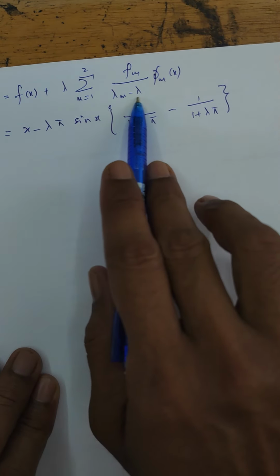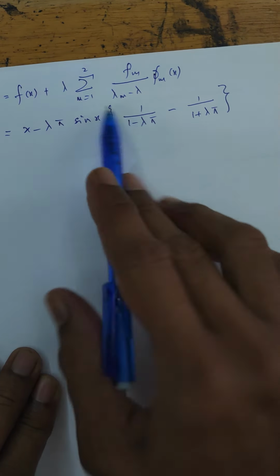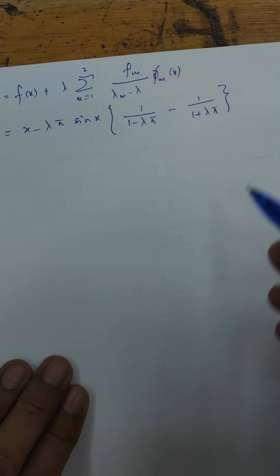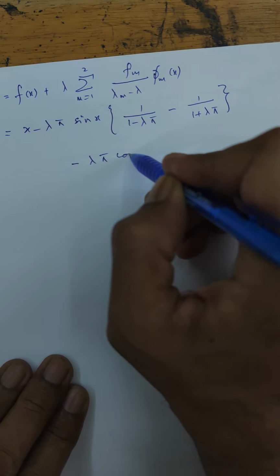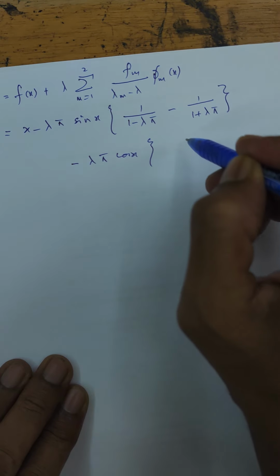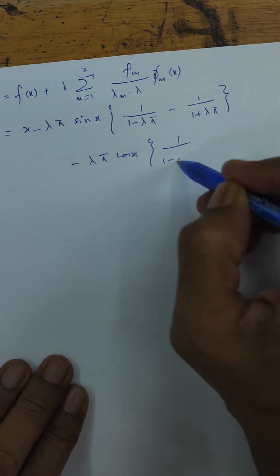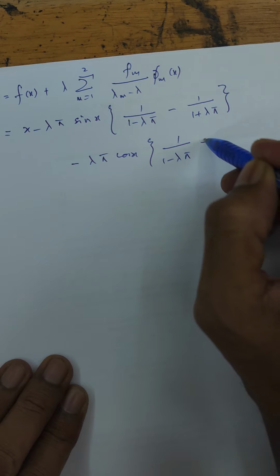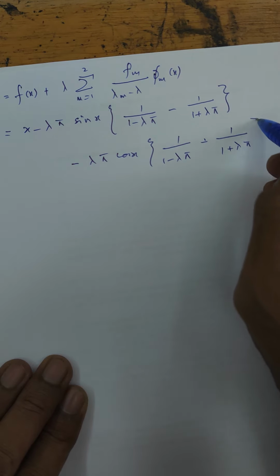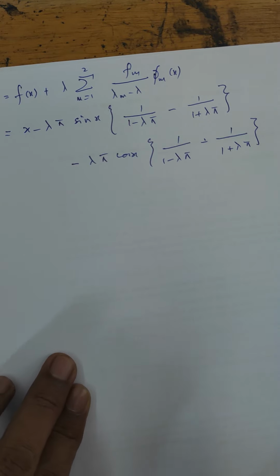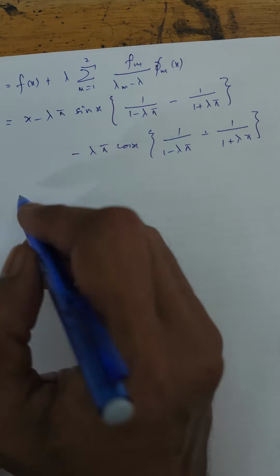Okay, just substitute lambda and lambda 1 with what we have earlier. So minus lambda pi cos x times 1 over (1 minus lambda pi) minus 1 over (1 plus lambda pi). Okay, and then you can just simplify those things.